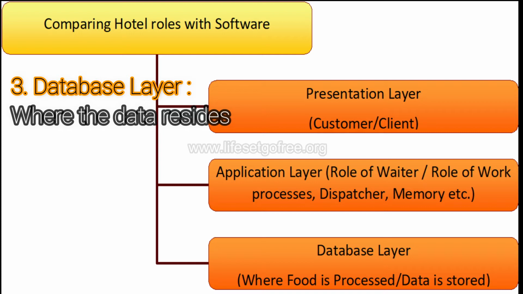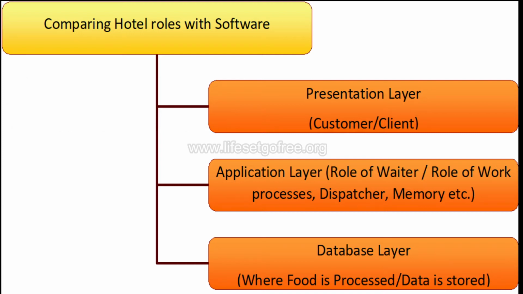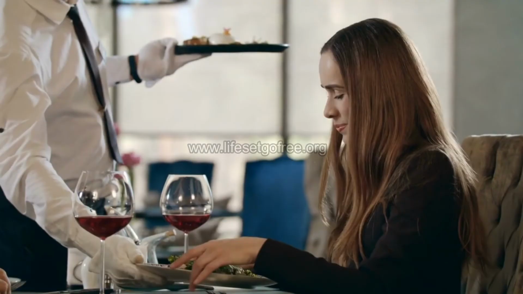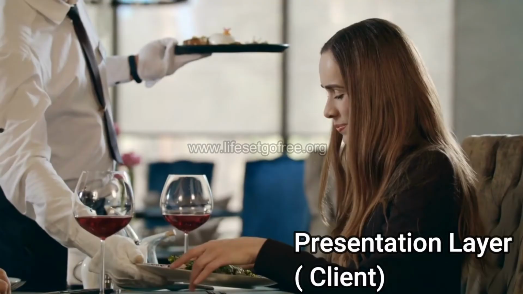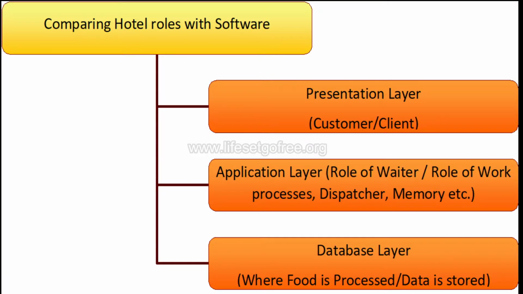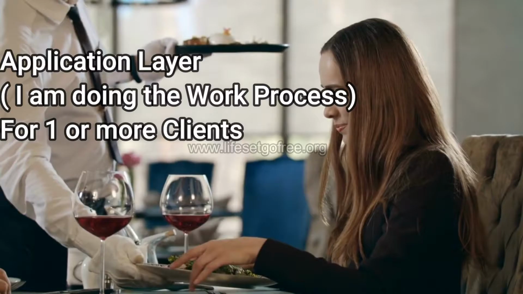So comparing these three parts, the first part, where the customer is sitting and requesting data, is known as the presentation layer. This is the presentation part. The role of the waiter, that means a software component doing the process of either one client or a group of processes.